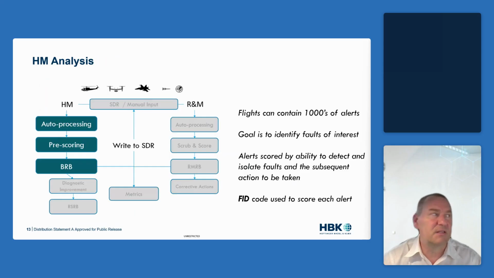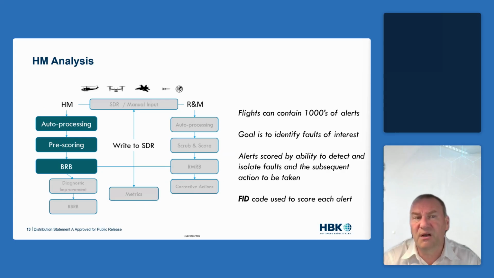Okay, so that's the R&M side, and basically what we're doing to try and control things. Now let's take a look at the HM side and what we're trying to do over there. We follow a very similar scoring process for HM data, which involves auto processing, an analyst review of that data, and then what's called a BRB, or BIT review board, process that can review and approve that data going through the system.